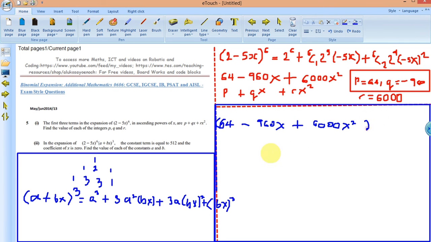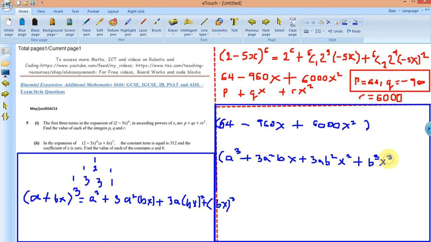So this is what I have here now: a raised to the power of 3, plus 3a squared bx, plus 3a b squared x squared, then plus b raised power of 3, then x cubed.